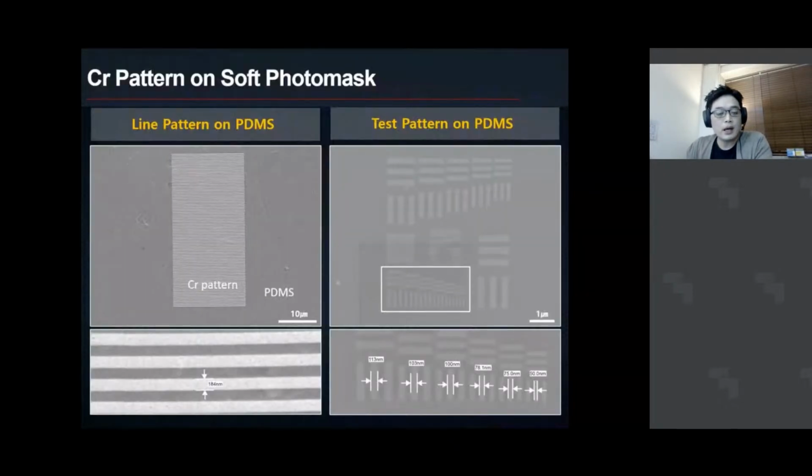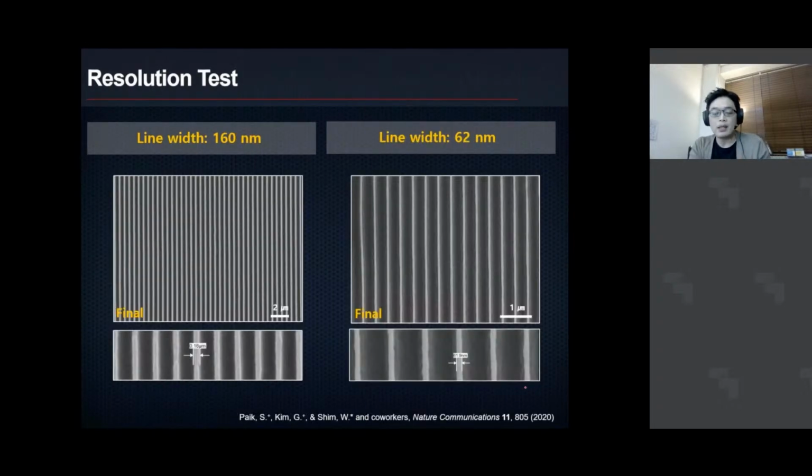Here is the chromium pattern on top of the PDMS, defined by e-beam lithography. We use that mask, put it on top of the photoresist, expose it, and then develop. That's the final developed feature. You can realize a 60 nanometer feature line width.